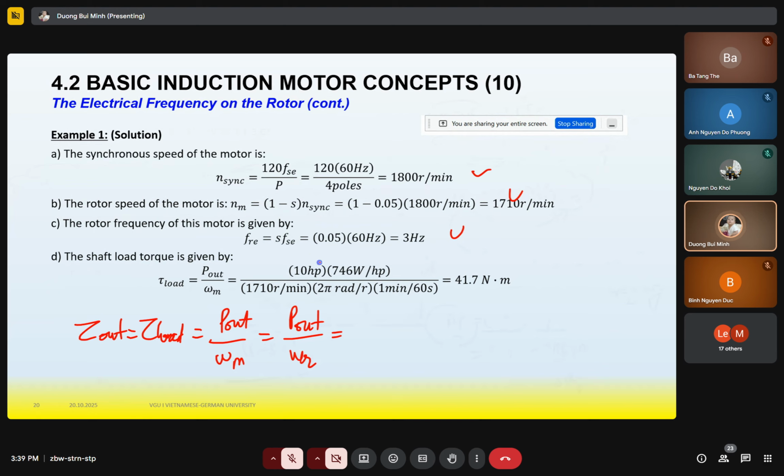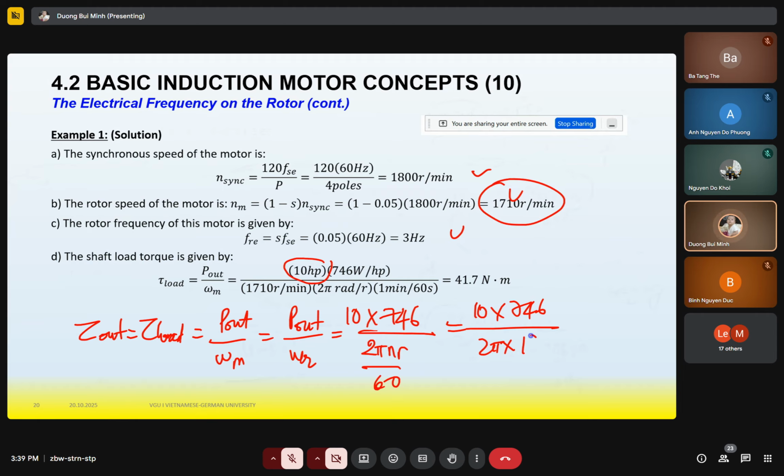P_out is 10 HP, and 1 HP has 746 watt, so 746 watt divided by omega_r. Omega_r is 2π n_R over 60, right? So you get 2π times 1710 over 60.